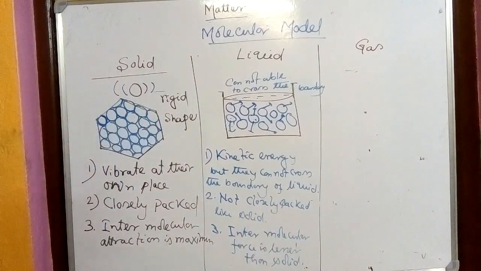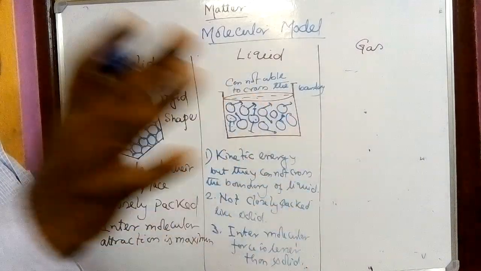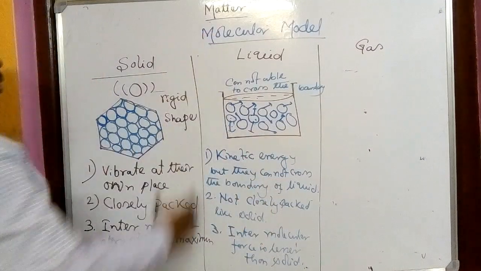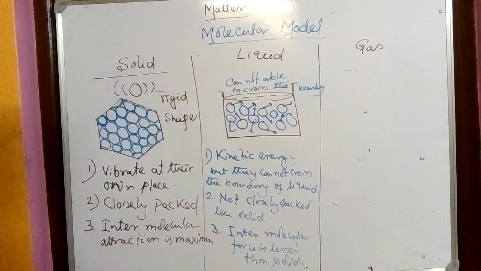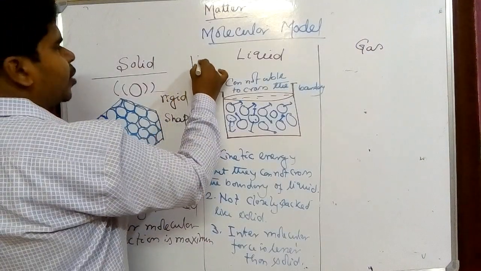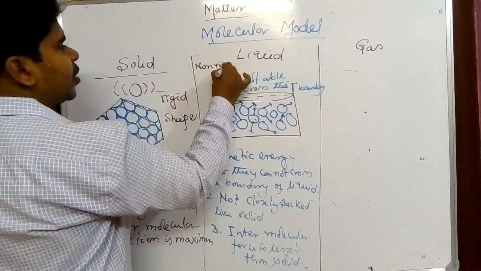Let's check it once again, because I don't know whether my camera is covering the whole board or not. I think it is covered. So intermolecular force is lesser than the solid. By the characteristics of liquid, we can say it is non-rigid. It is not a rigid thing.